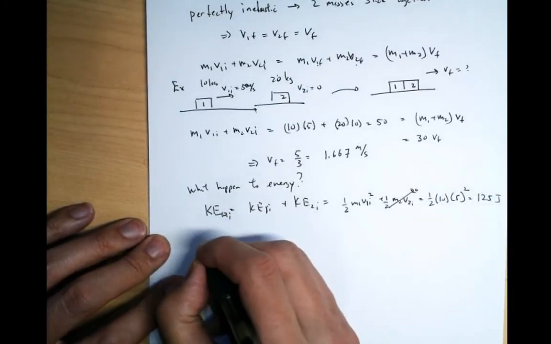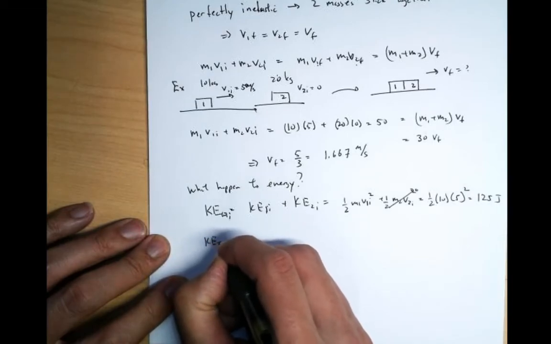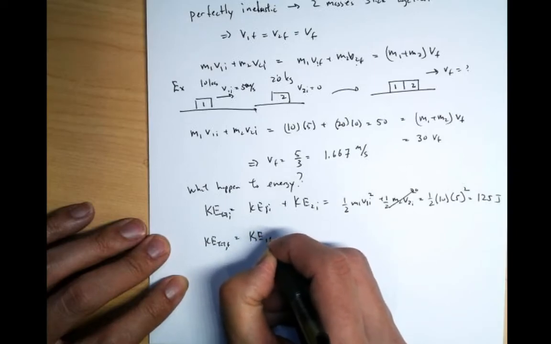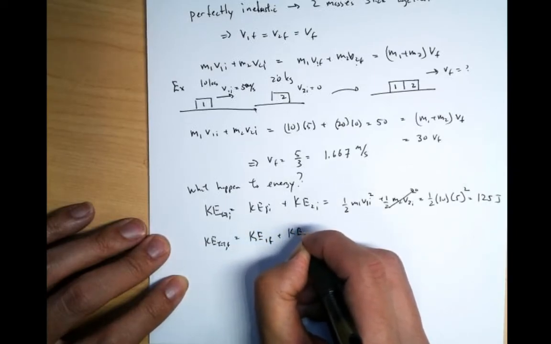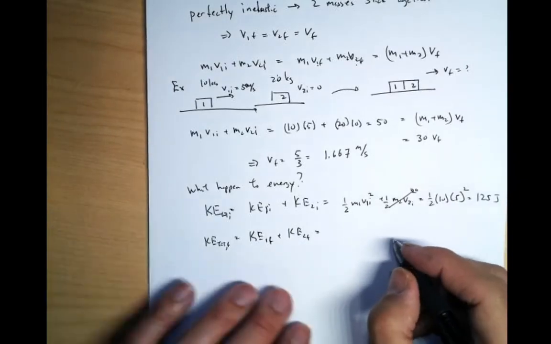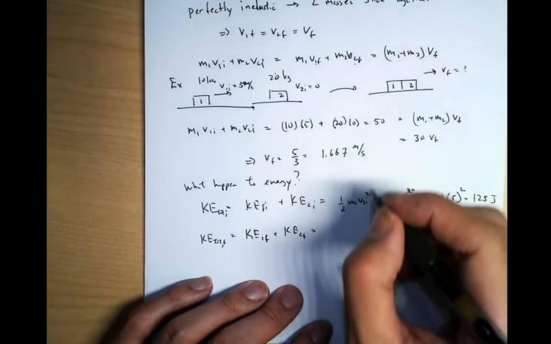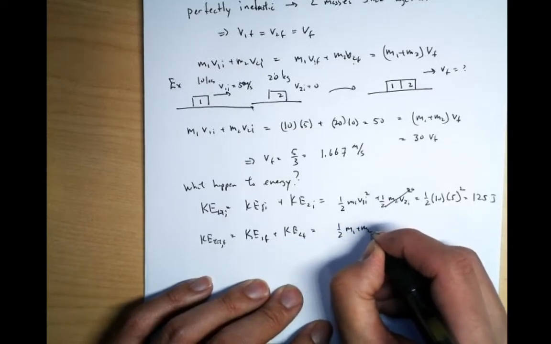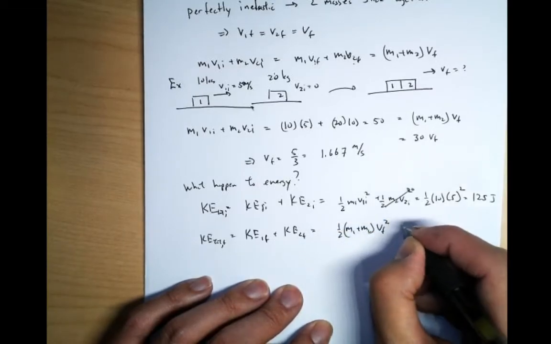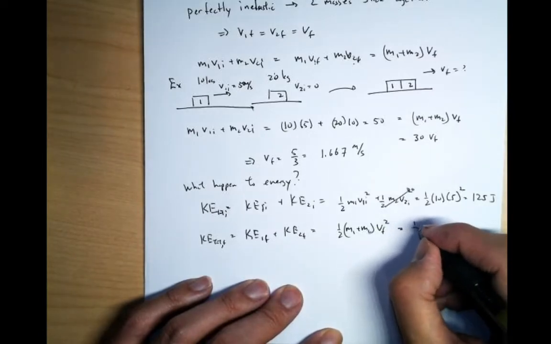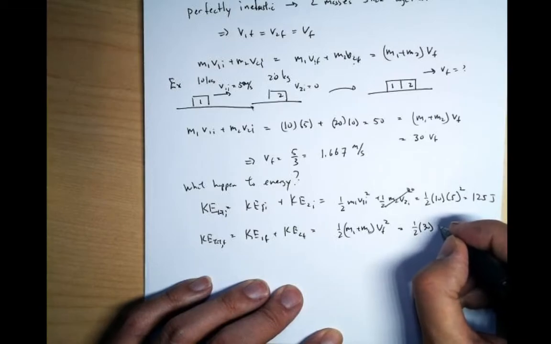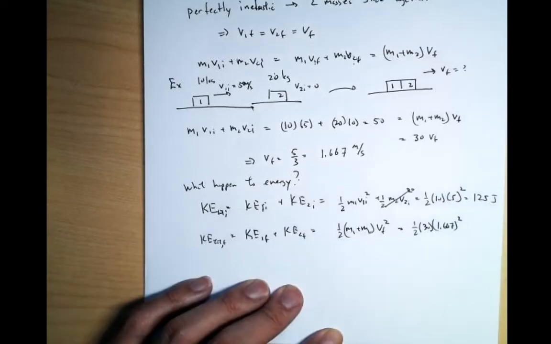Now the final state, KE total final, is equal to KE1 final plus KE2 final. Let's just work this. It turns out to be the same velocity, so it's going to be 1/2 times m1 plus m2 times v final squared, which is 1/2 times 30, 10 plus 20, times 1.667 squared.